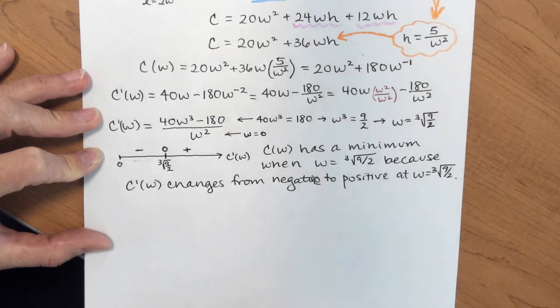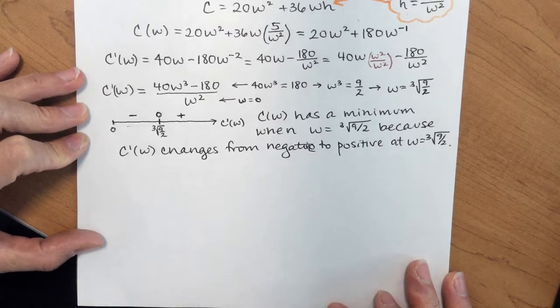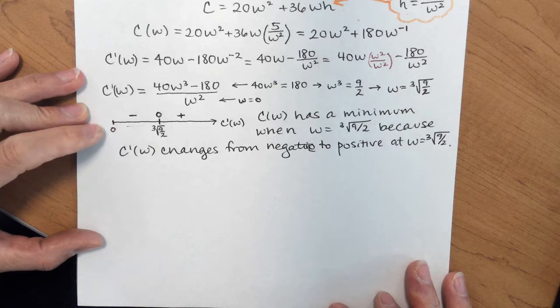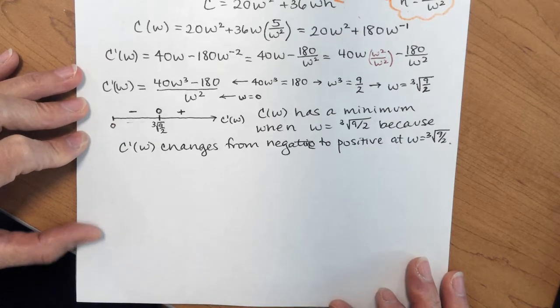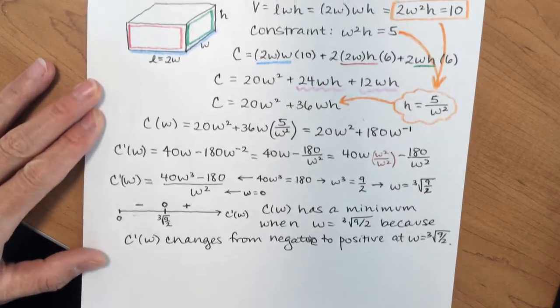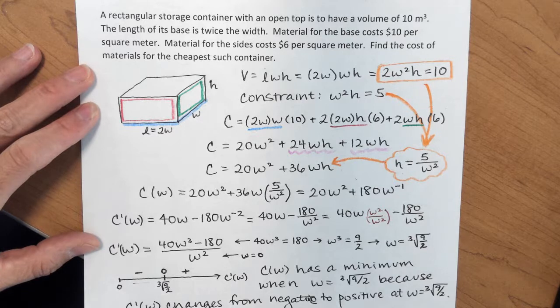And we know that when a derivative changes from negative to positive, the function is changing from decreasing to increasing, and therefore the function has a minimum value. All right, so let's go back and remind ourselves, what is the question asking?